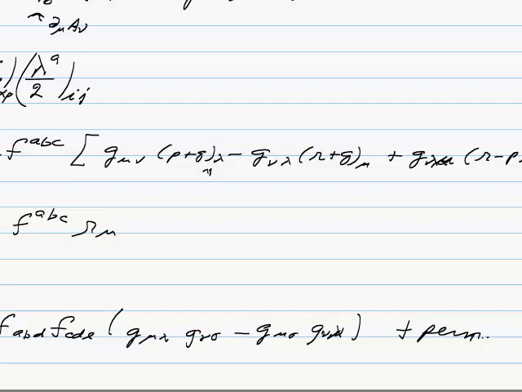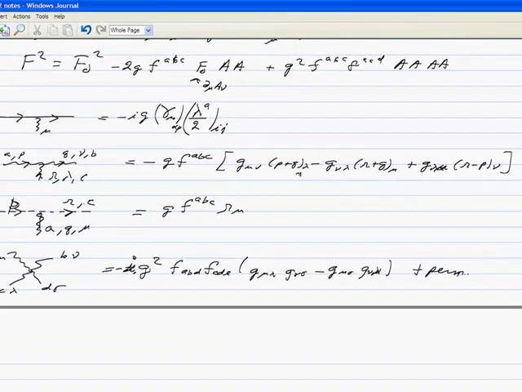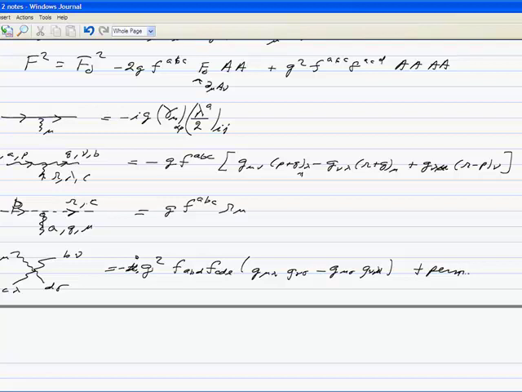Okay, you can look it up, but it basically has no momentum factors. It has a bunch of indices that get contracted up just because the original thing gets contracted up. There's some anti-symmetry that's built in, and that describes it. Okay, let's stop there. We'll come back next time and talk about the running coupling.